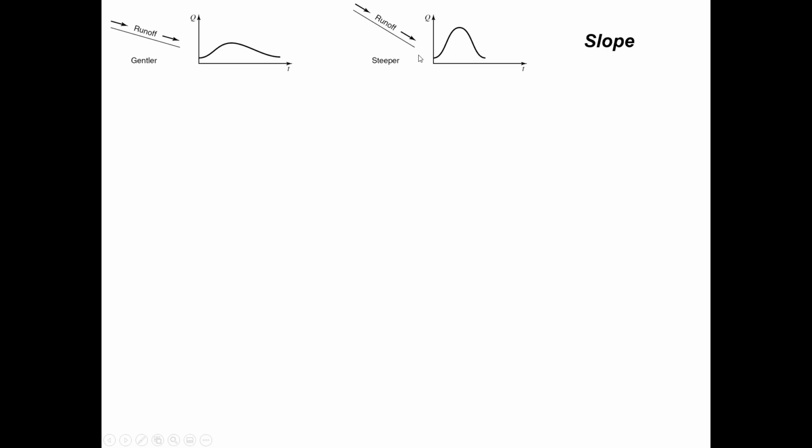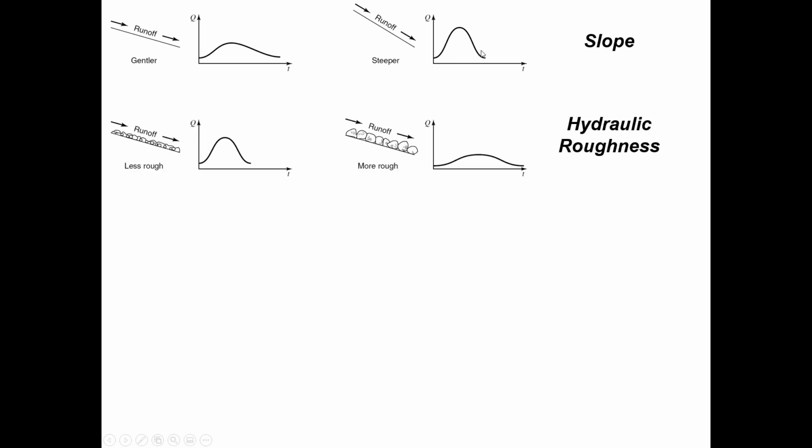So what we have in West Virginia is some of the steepest watersheds in the country, and so we're accustomed to seeing big peaks that arrive quickly. So when it comes to the factor of watershed slope, you can see the contrast between a gentle, relatively mild slope and a steep slope, and what effect it has on the runoff hydrograph.